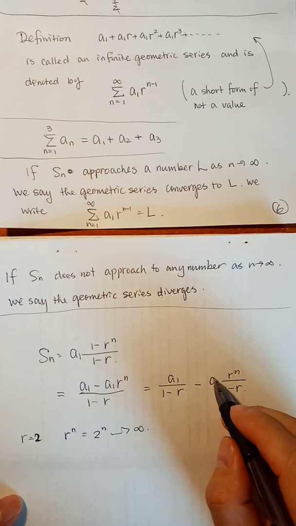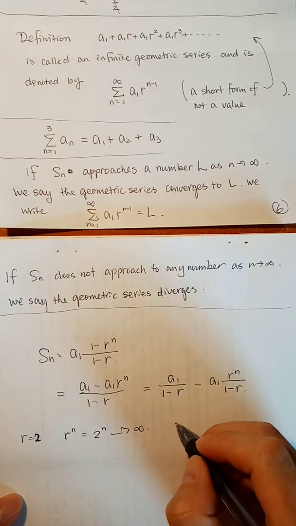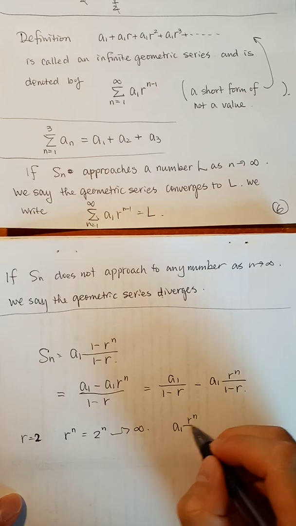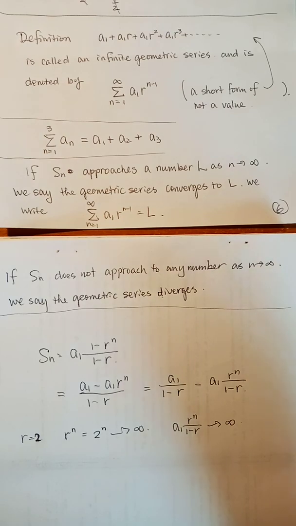That's not a problem. For whatever a1, a1 times infinity is infinity, so this part will go to infinity. Of course, it does not approach any number.